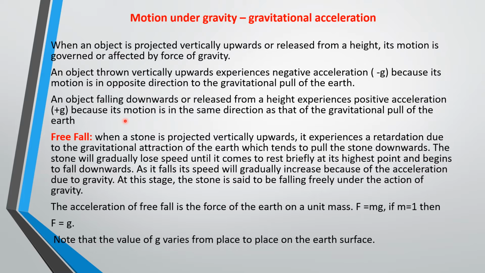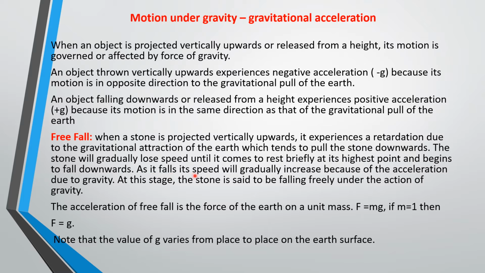When a body is projected vertically upward, initially the body will move with a high velocity, but gradually as it is ascending, the velocity will begin to decrease because the body will be experiencing retardation, due to the force of gravity that is trying to pull the body down. Then at maximum height, the body will stop momentarily and begin to come down.